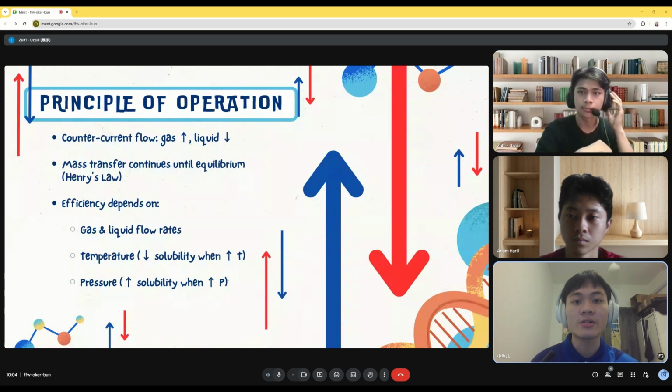In real life operation, we also need to consider things like temperature, where higher temperature reduces solubility, pressure, where higher pressure increases gas solubility, and the last one, flow rate, which affects how well gas and liquid interact.